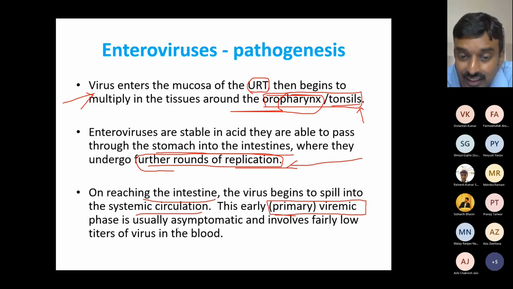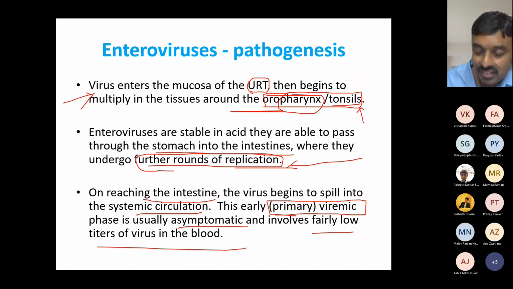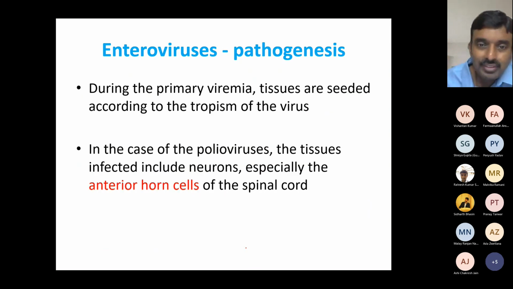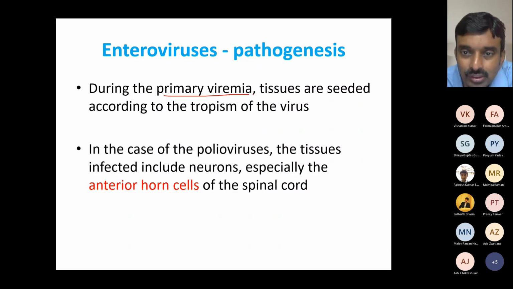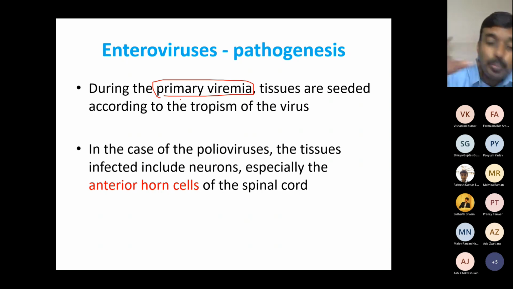At this time, the person is asymptomatic and has little virus in the blood. There's only a small amount, but there is virus in the blood. Because blood goes to all parts of the body, the virus has the ability to go and seed other parts of the body which have receptors for this virus.